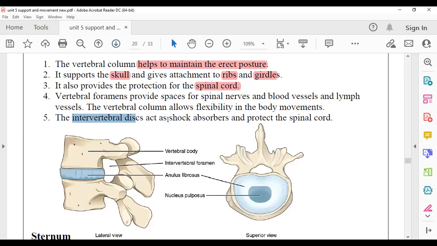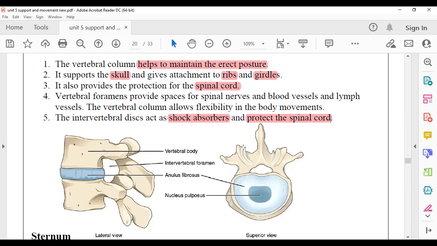The intervertebral disc works as a shock absorber, and further it protects the spinal cord. We are not given any specific detail about it.